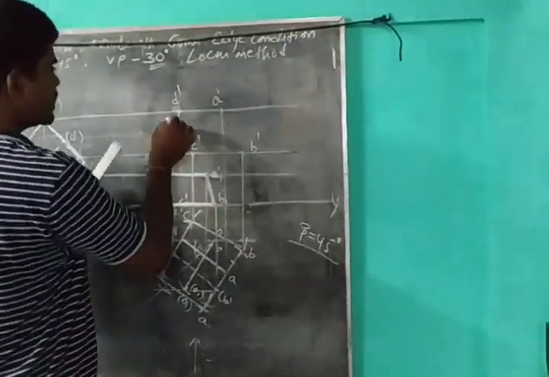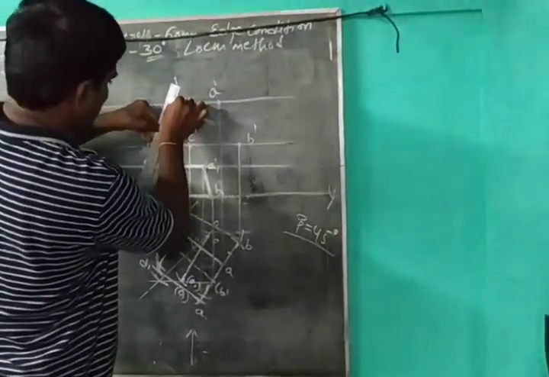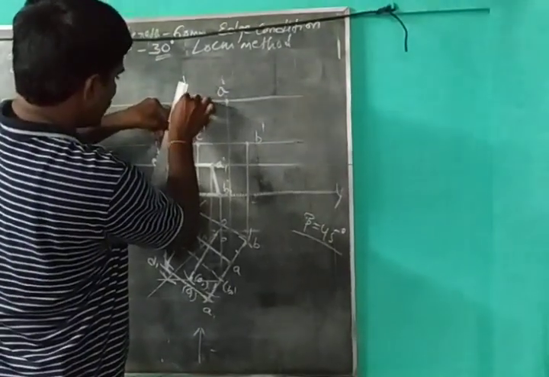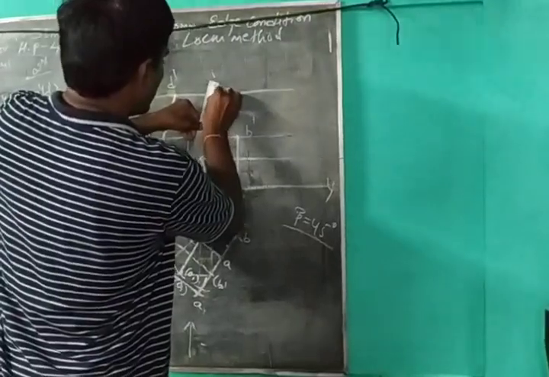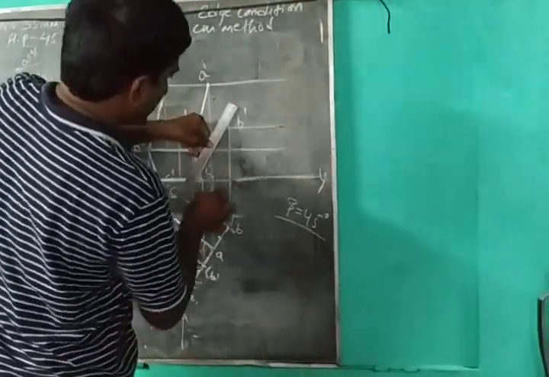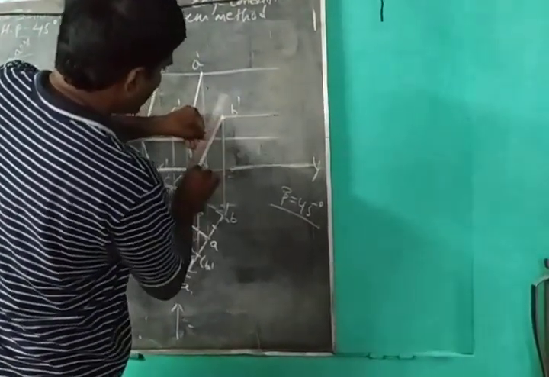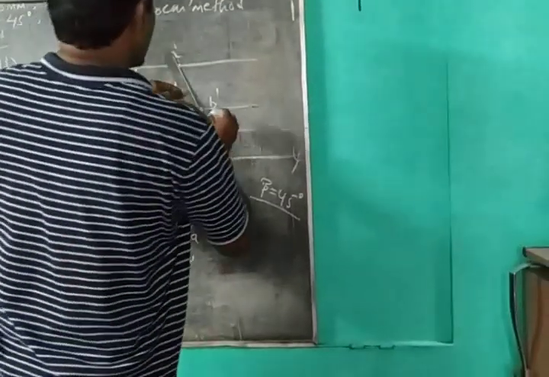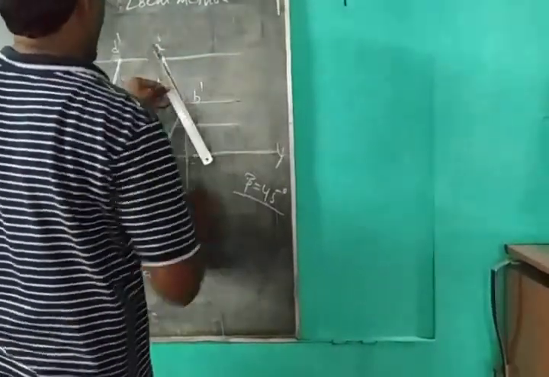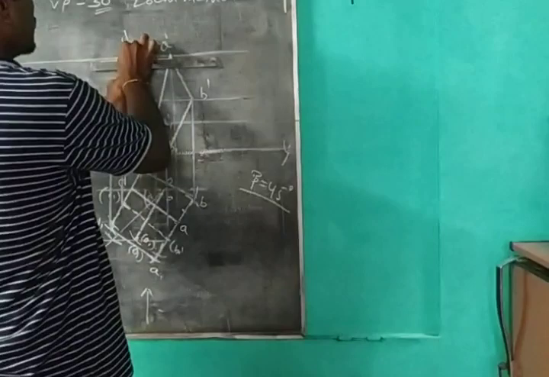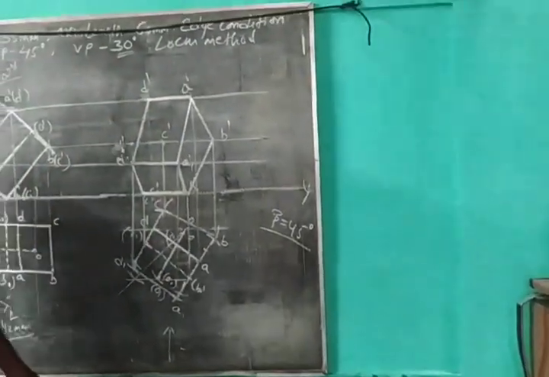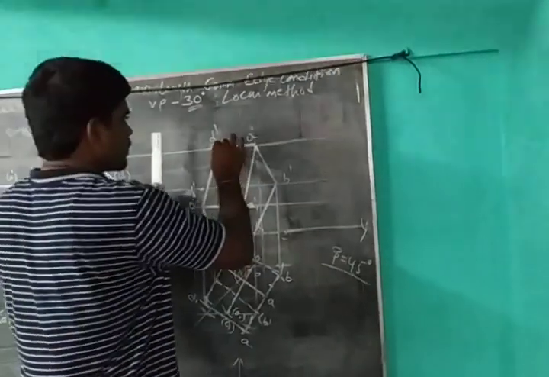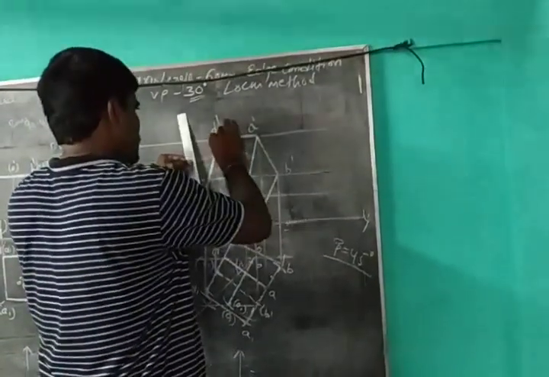And here these edges are visible. Join A, D to D1 dash and A to A1 dash and B to B1 dash, which is visible. Then join this and also join this. So these are the visible edges. But here some edges are there, but they are not visible.